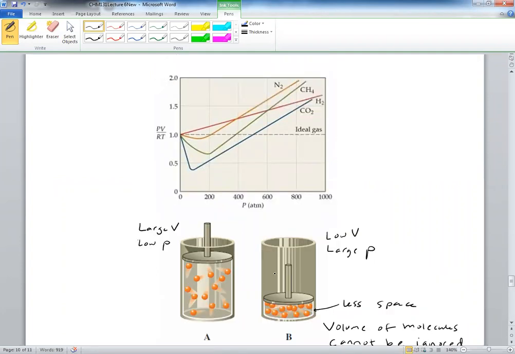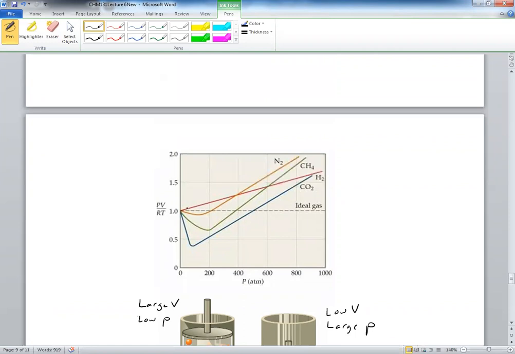And we see here that at low pressure, it's closer and closer to the ideal gas, but at high pressure, look how it moves farther away for each gas, moves away from the ideal gas.